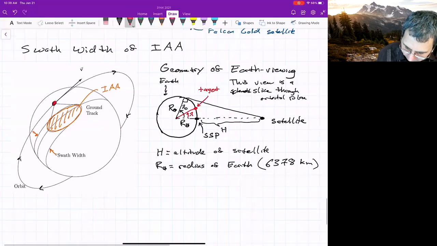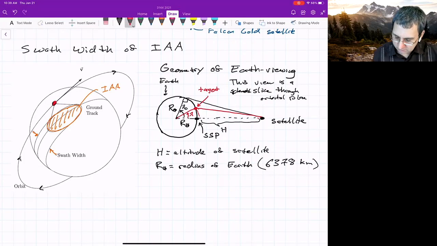That's going to be important for knowing what our instantaneous access area is. And at this point, we also define the target point. There's the angle from the satellite to the target. We will call this angle eta. That's the weird Greek n, eta.